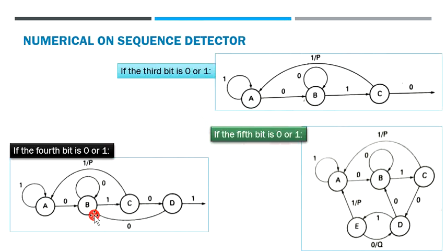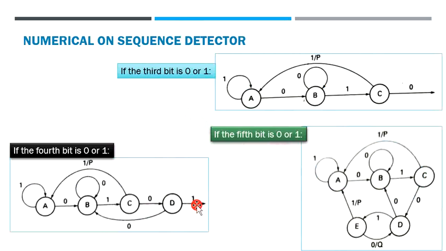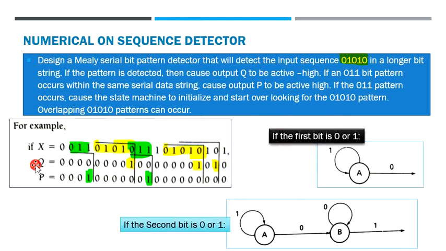Now while checking the fifth bit, that is the bit 0 as per the input sequence. So you are in state E now. If the bit is 0, you will move to D and you will conclude that Q is equal to 1. The entire sequence has been correctly detected.